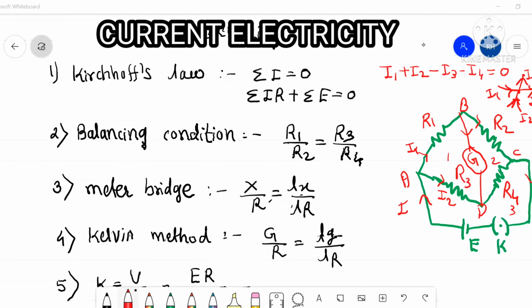If the length in front of the unknown resistance is taken as Lx and the length in front of the known resistance box is taken as LR, then the formula you have to remember is X upon R is equal to Lx upon Lr. This is the meter bridge experiment, X upon R is equal to Lx upon Lr.